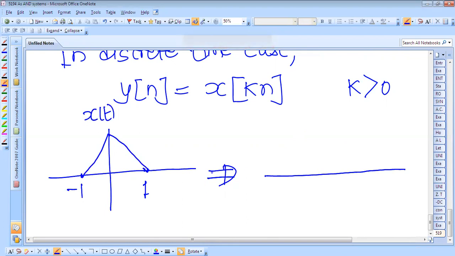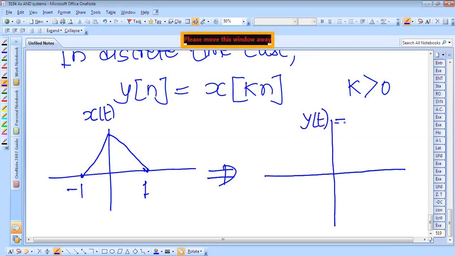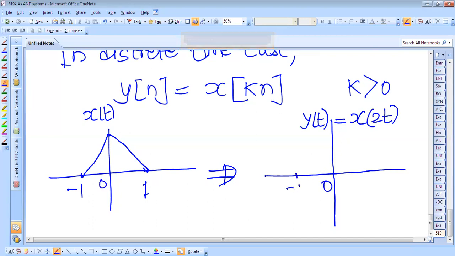So y of t equals x of 2t. If it is 2t, then what will be your compressed version?